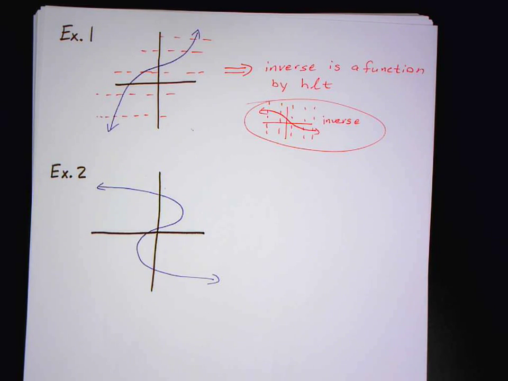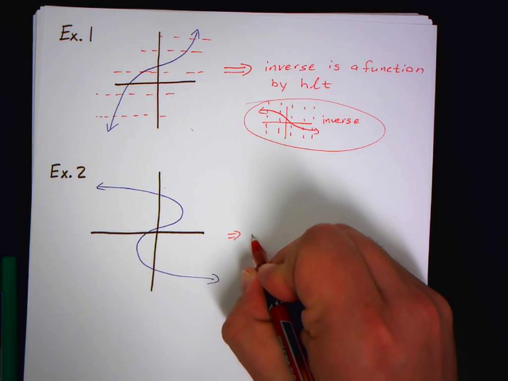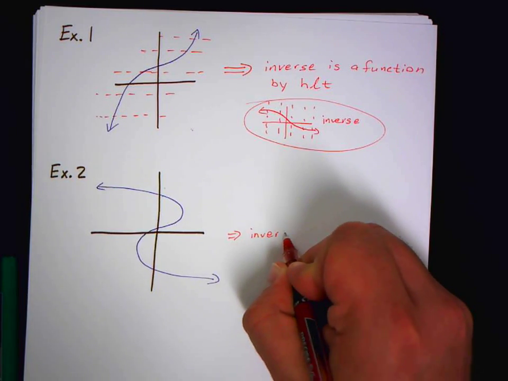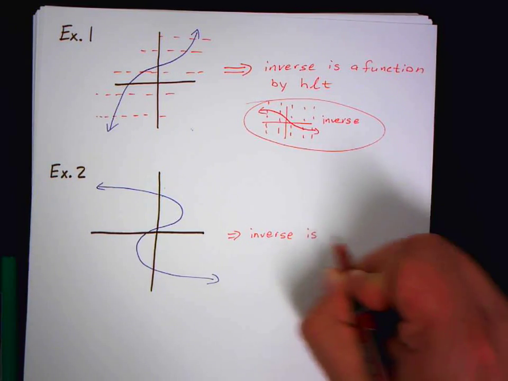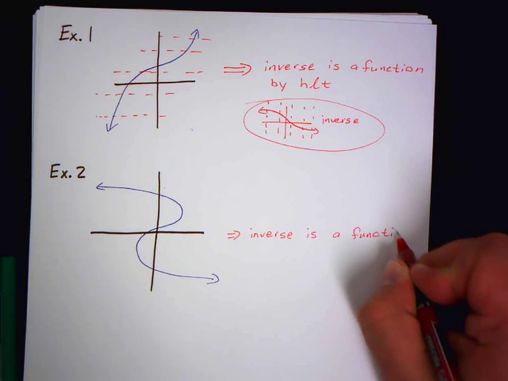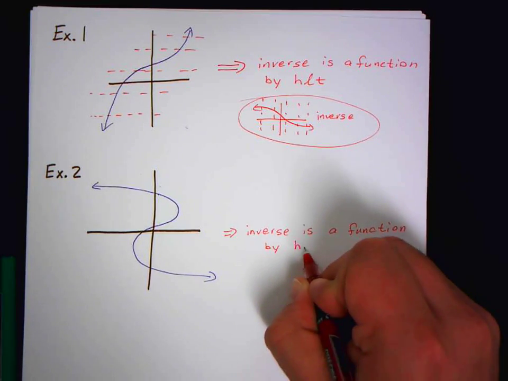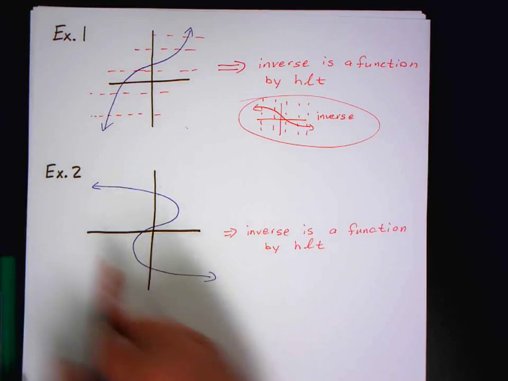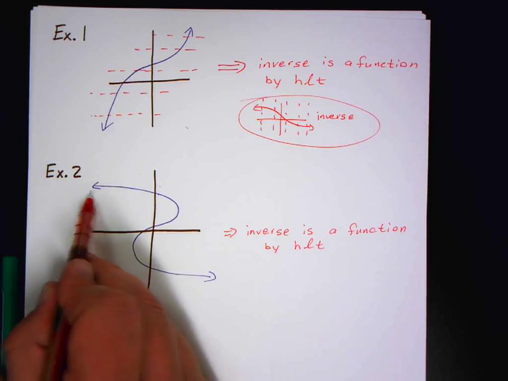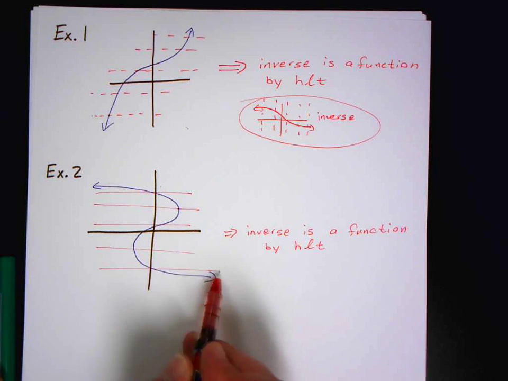Okay, that's not a function, right? But is the inverse a function? Yes. The inverse is a function because any place I put a horizontal line, I only cross one point.